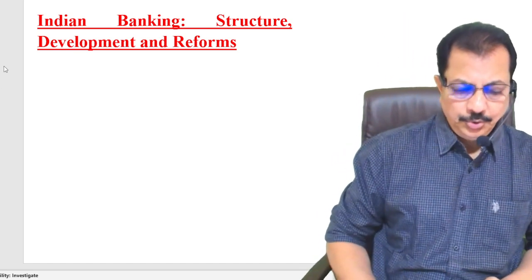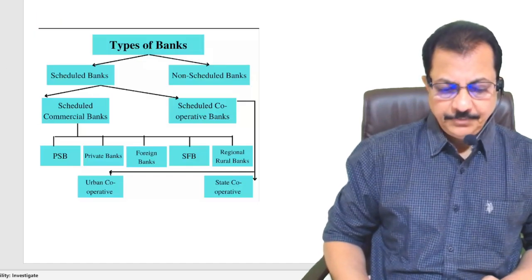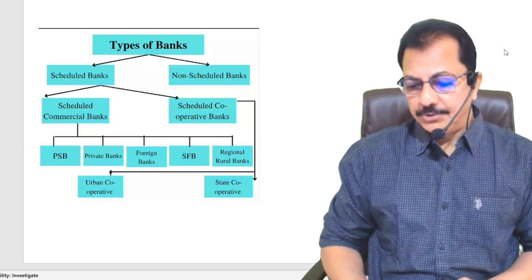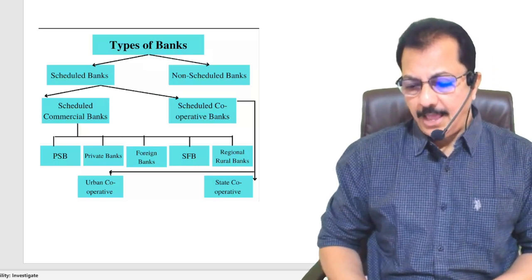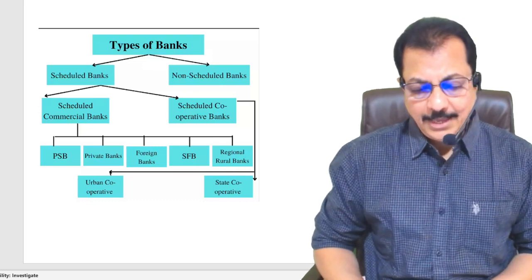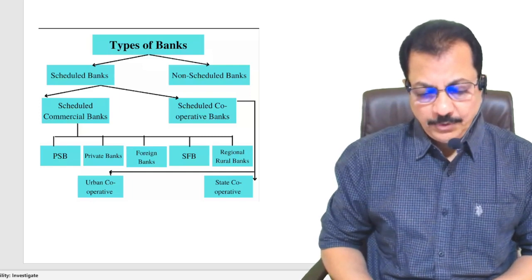First, I would like to show you one pic here so that you will be in a position to understand what exactly are the various types of banks we have. Kindly have a look at this very clearly. Please write down. So this is the types of banks. These are divided into two categories.